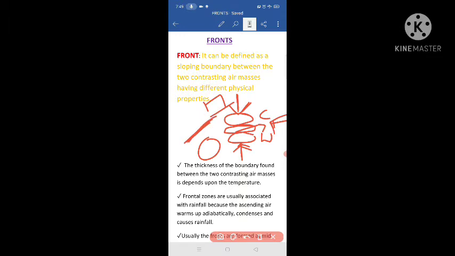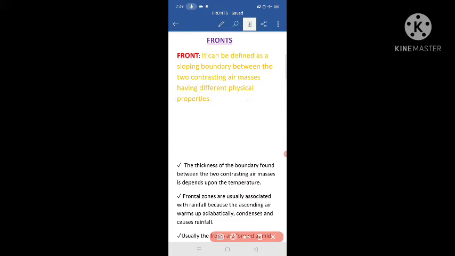The thickness of the boundary formed between these two contrasting air masses depends upon the physical properties of these two air masses, like temperature and pressure. If the temperature difference between the two air masses is more, then the front formed will be of larger size, and if the temperature difference is less, then the front formed will be of small size.